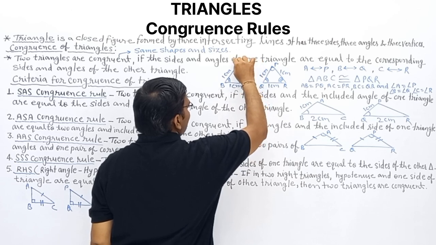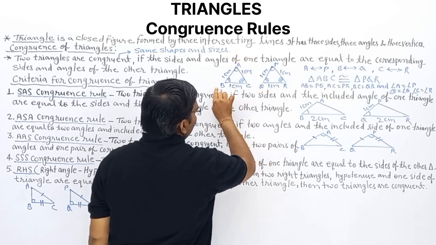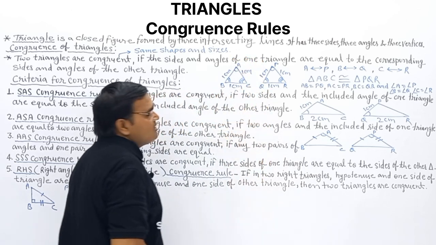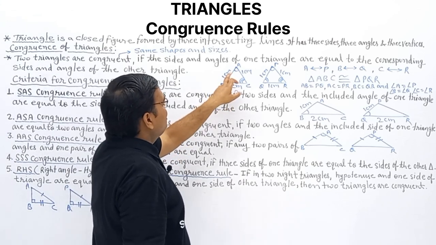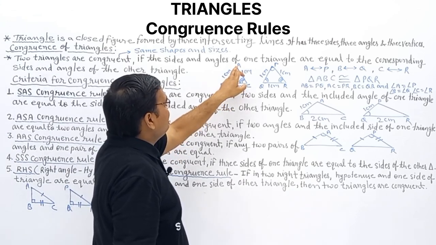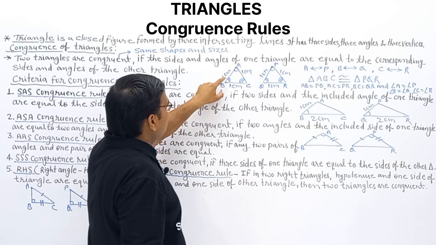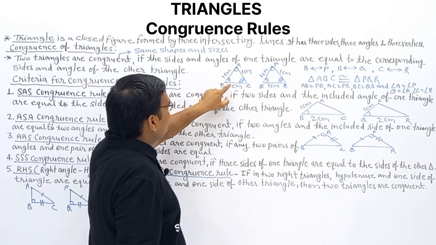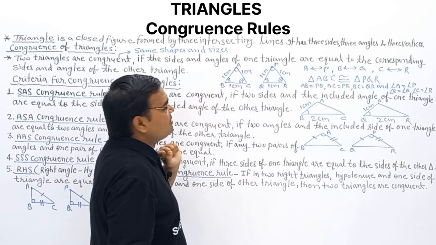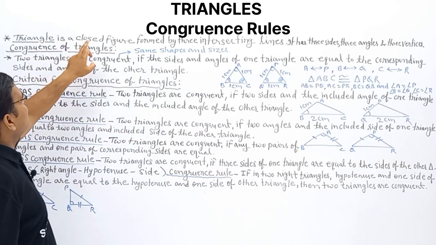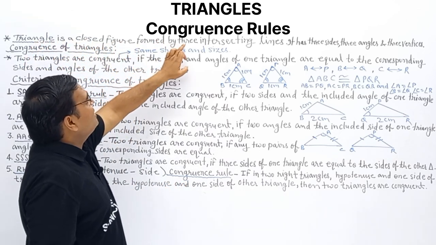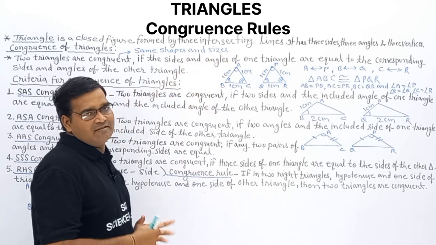One is AB, another is AC, and the third is BC. These three lines are intersecting. These two lines intersect at point A, these two at point B, and these two at point C. So we can say a triangle is a closed figure formed by three intersecting lines.